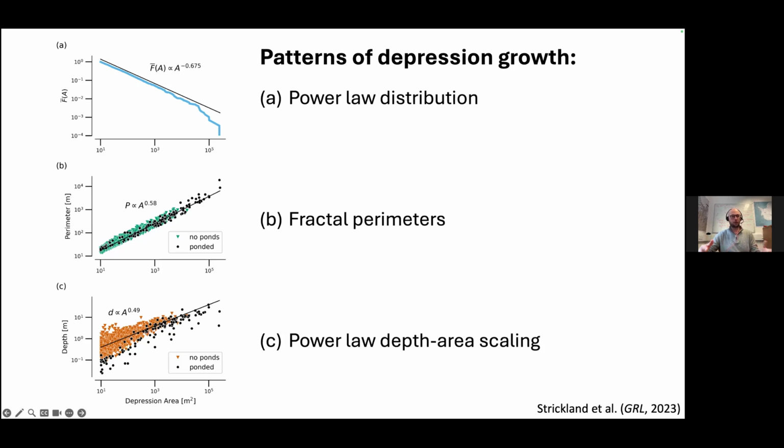They should, in fact, be getting less deep and eventually undergoing topographic inversion as the depression itself fills with debris and the surrounding area melts. So this is quite surprising to us. We expected to see a characteristic size of depressions, but instead we see that they appear to undergo positive feedback growth.